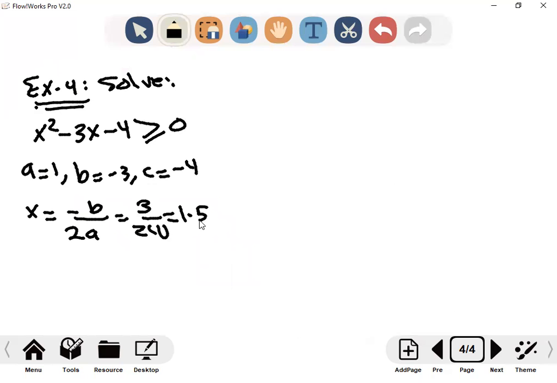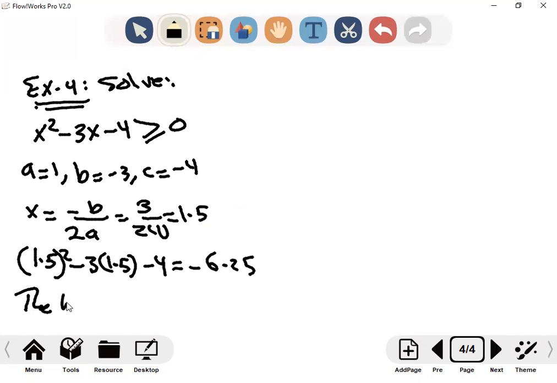Put 1.5 in the equation so you can find the vertex, right? 1.5 squared minus 3 times 1.5 minus 4. Are you sure? -6.25. Okay, so the vertex is what?